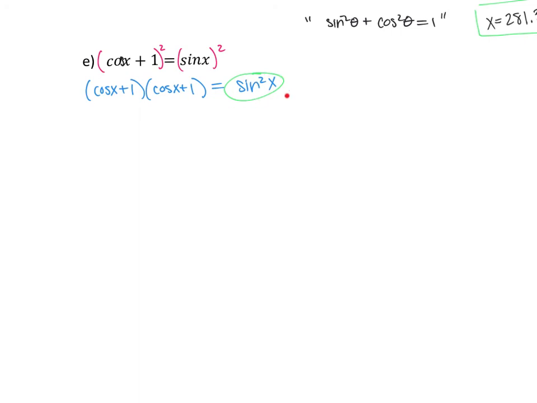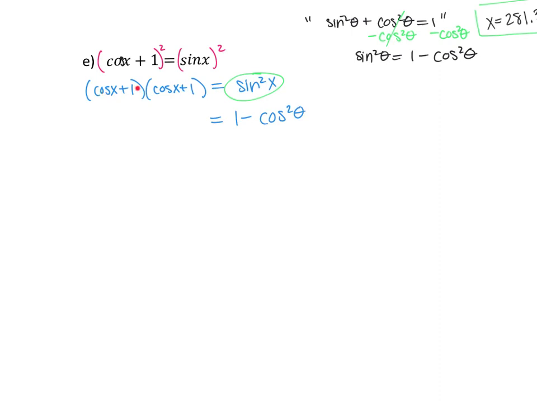I'm going to try to make everything in terms of cosine, so I subtract cosine squared off of both sides and get sine squared theta equals 1 minus cosine squared theta. That means I can replace sine squared with 1 minus cosine squared theta because that's its identity. Anytime you have a sine squared, it's equivalent to 1 minus sine squared theta. Or I'm sorry, 1 minus cosine squared theta.